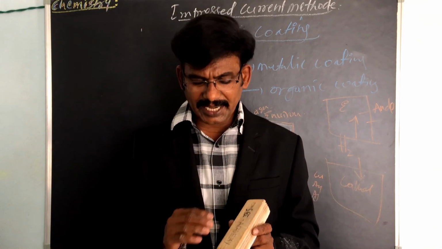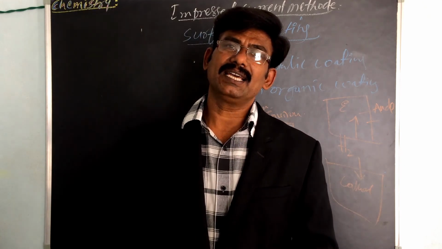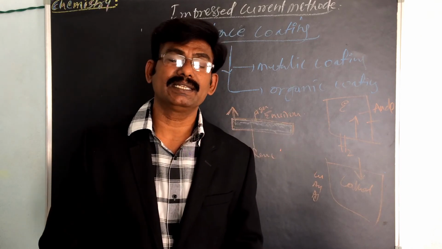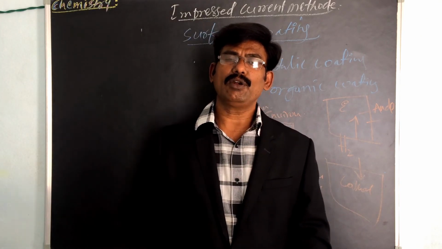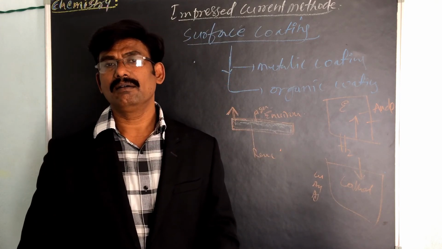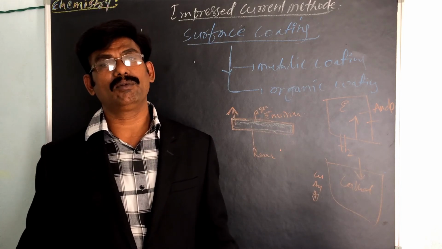We have to clean, rub or pickle it. Except for aluminium, metals are immersed in acid or pickling solution. Aluminium you should not treat with acid, because it will react and corrode.